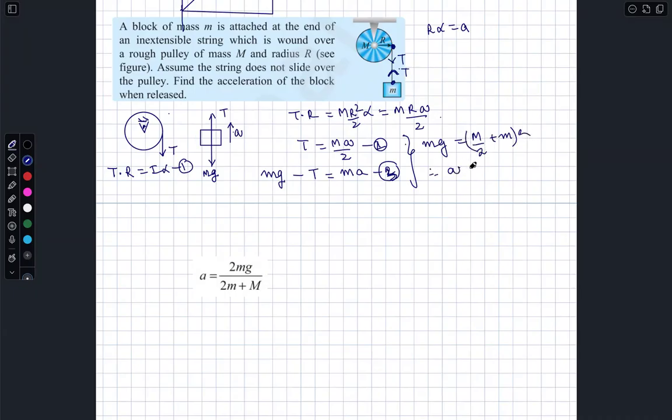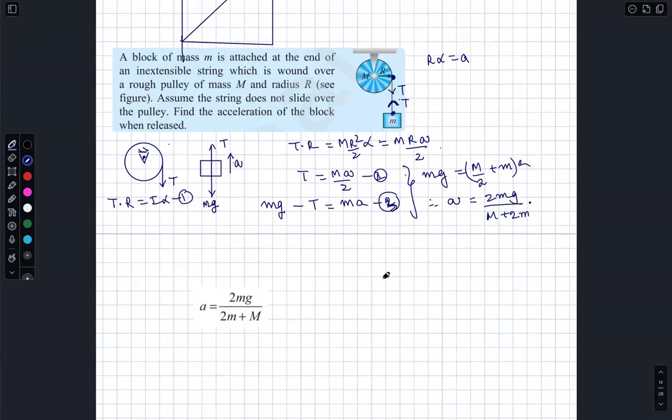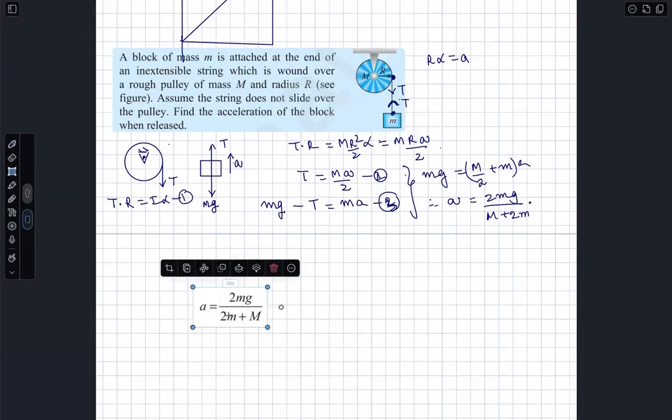Therefore, a is nothing but 2mg by (capital M plus 2 small m). So that is all about the acceleration of the block. You will have angular acceleration also, in this.